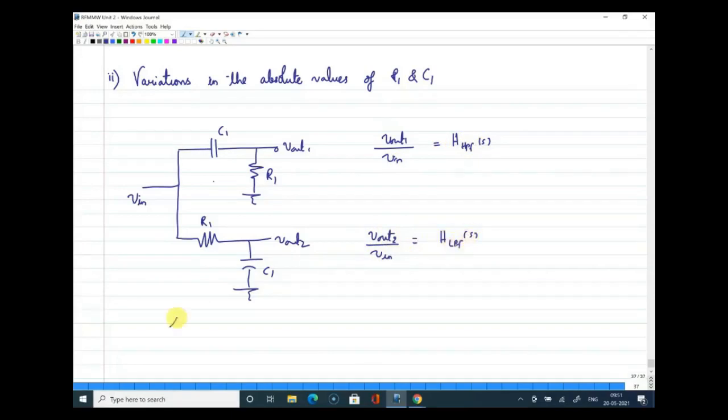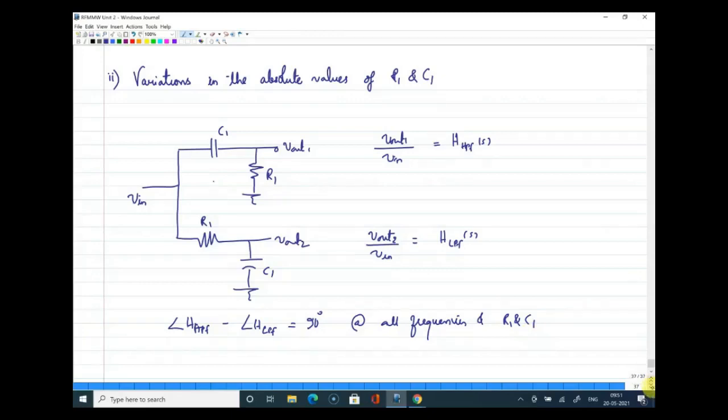The angle between these two, between the upper arm and lower arm, will be equal to 90 degrees. This can be considered 90 degrees at all frequencies, and for any choice of values of R1 and C1, this angle remains 90 degrees. That is why we use this for our 90 degree phase shift operation.